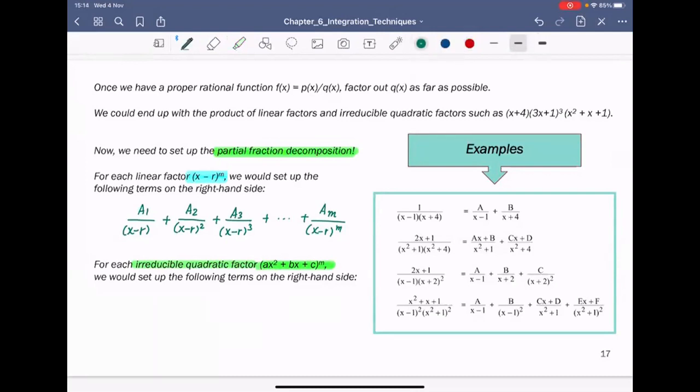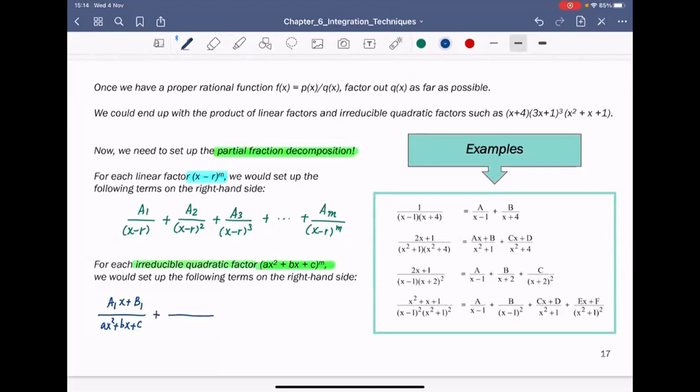So you can set up the decomposition like this: the first term has ax squared plus bx plus c in the denominator. On the top, this is not just a constant, because the denominator is degree 2, so on the top I need something of degree 1. So this is going to be a1x plus b1.